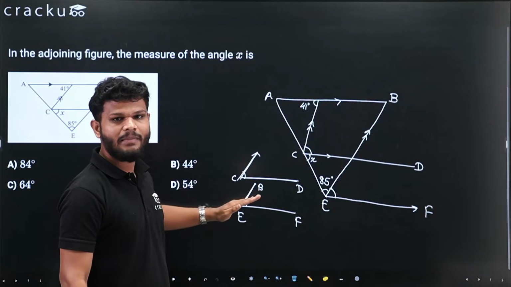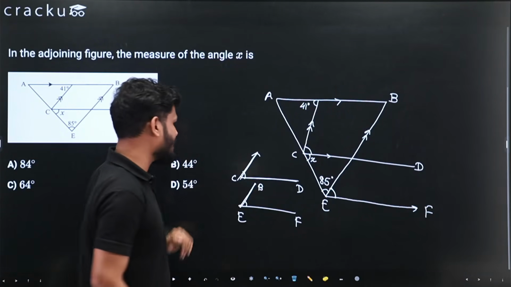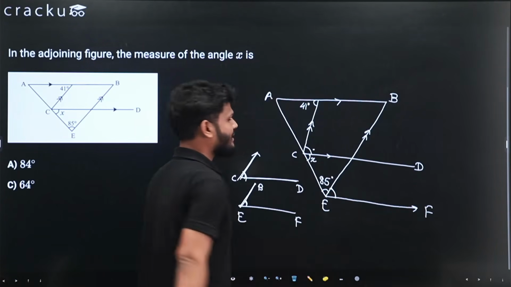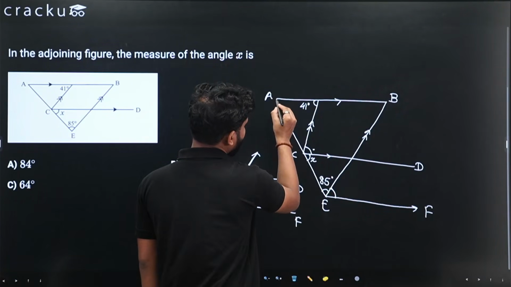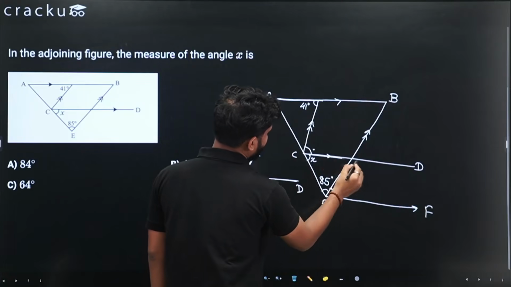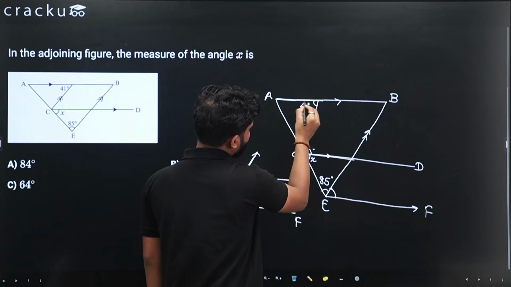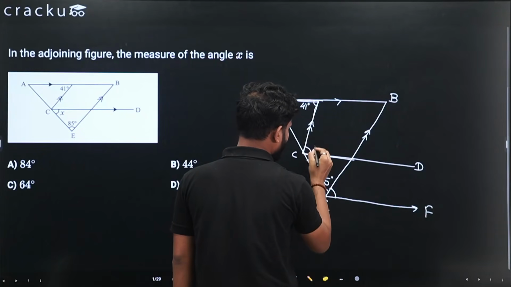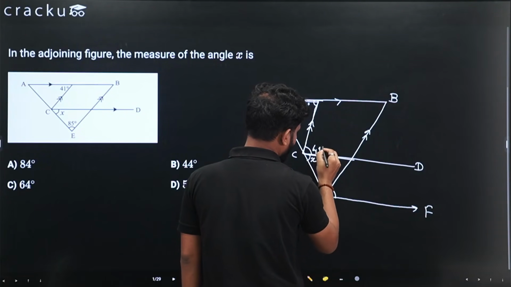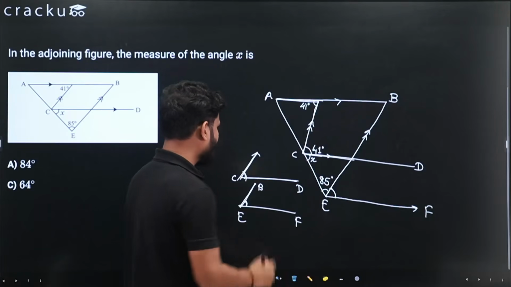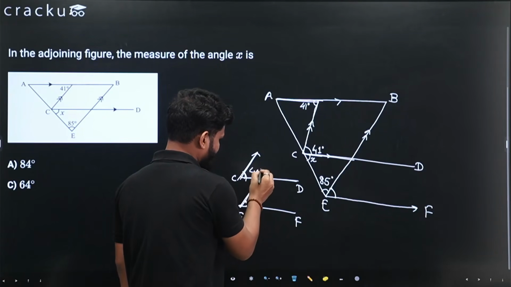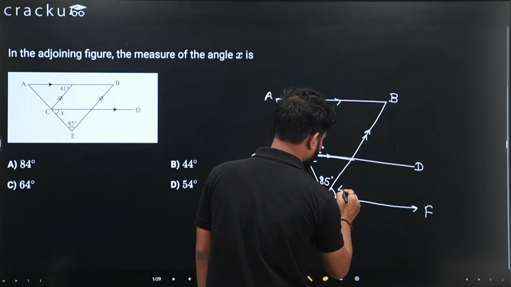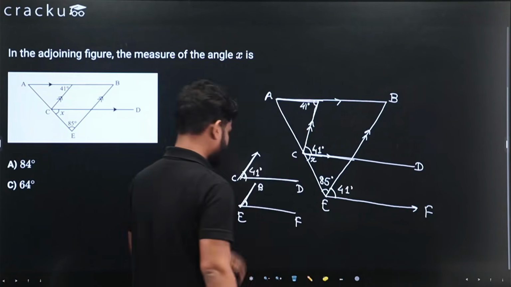So when two lines are parallel, then the angle between them will be equal. What will be this angle? Now if you see this line and this line, this is a transversal, so it will form alternate angle. So this is 41 degree. If this is 41 degree, BEF will also be 41 degree.